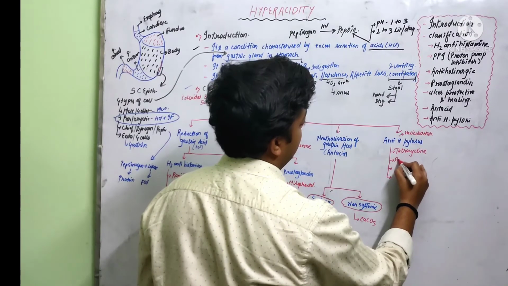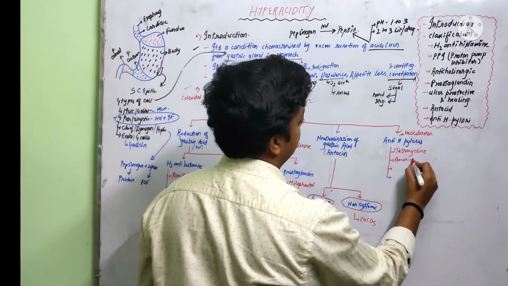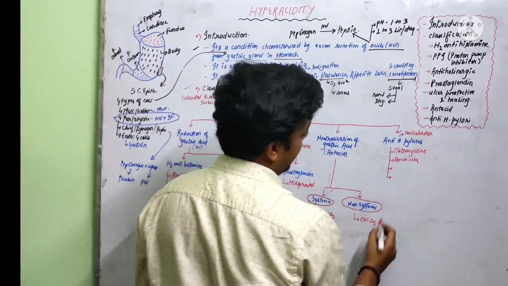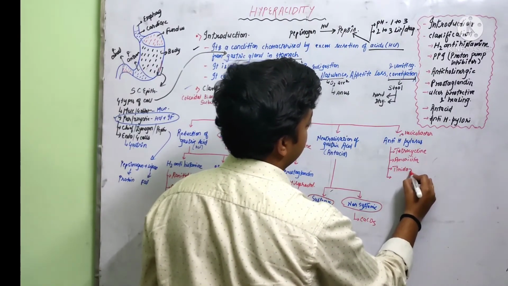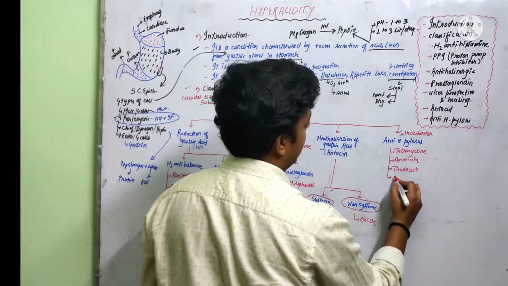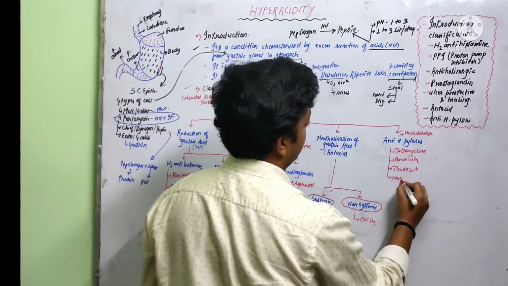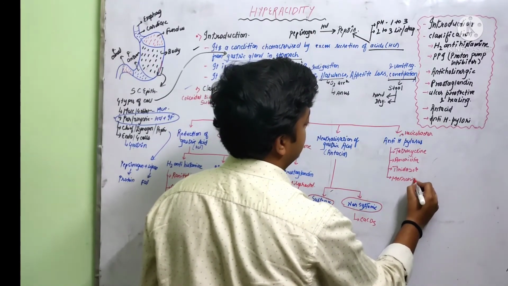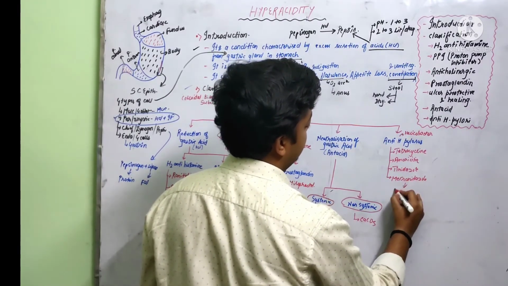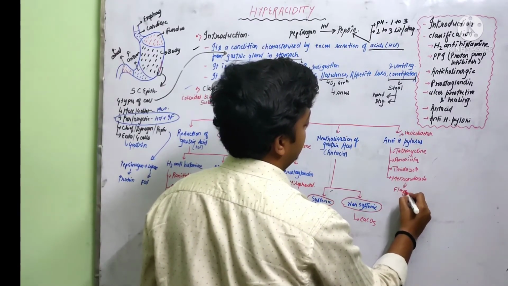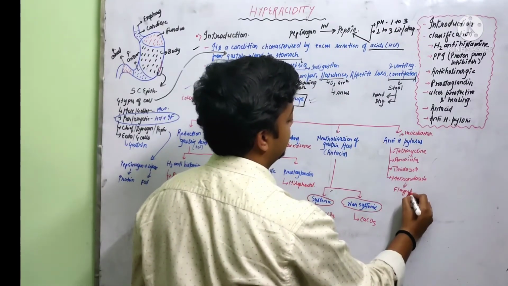Then we have amoxicillin. Okay. Then we have tinidazole. At last we use metronidazole. So guys, the brand name of this drug is also called Flagyl. This is commonly used in the market.